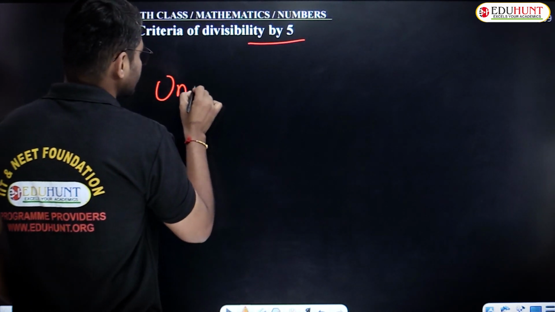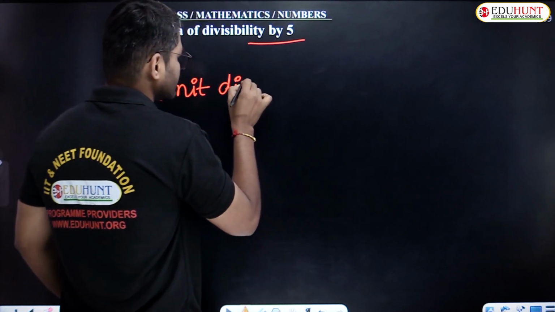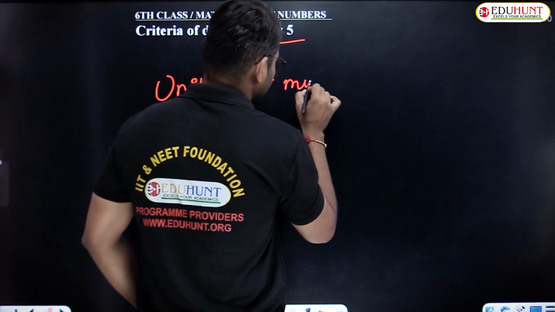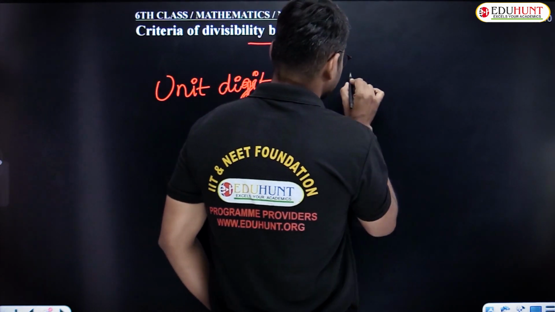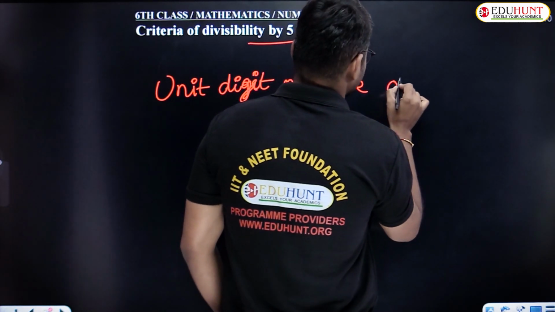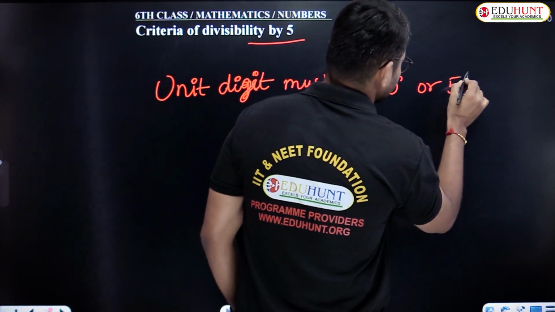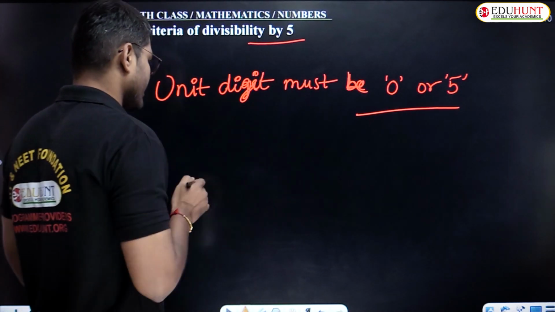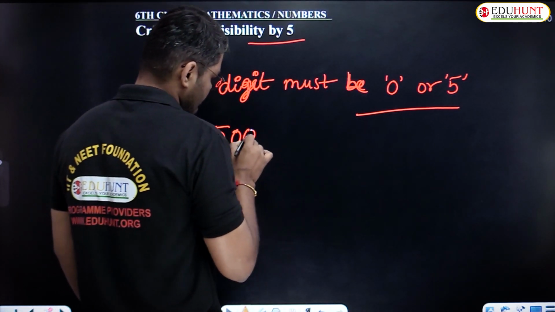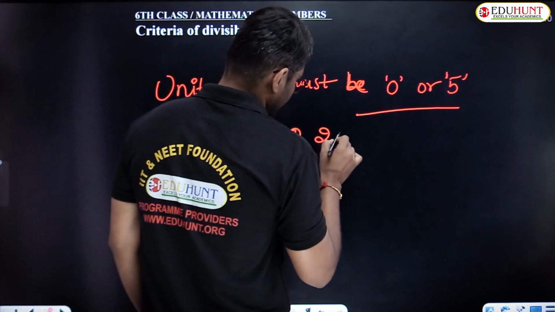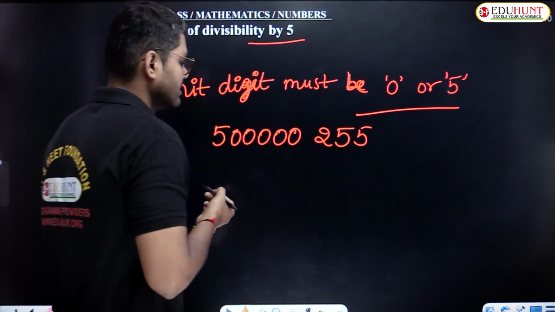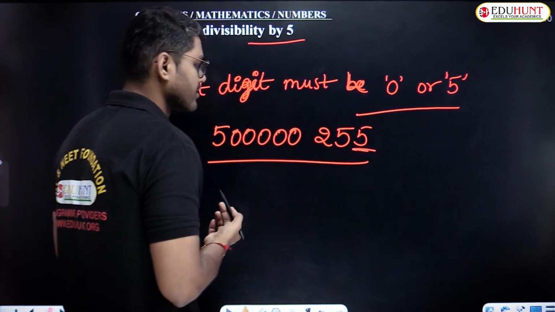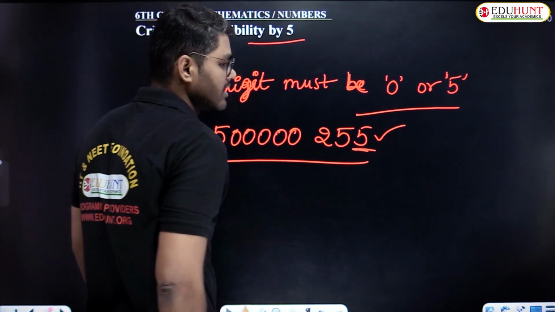Unit digit, then the whole number is divisible by 5. Yes. Check the unit digit. In this number, what is the unit digit? 5. So, this whole number is divisible by 5.